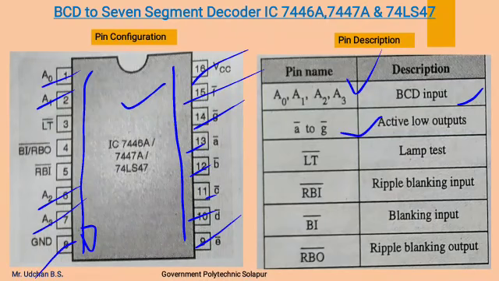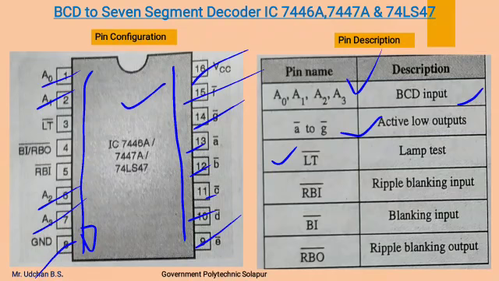Now there are 4 more pins. The first one is the LT bar pin, that is the lamp test pin. This pin is used to check whether all the segments of the display are working properly or not. If LT bar is forced low, then all the output terminals will be forced to their active state, that is low.